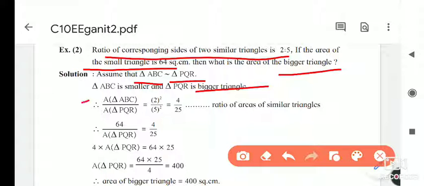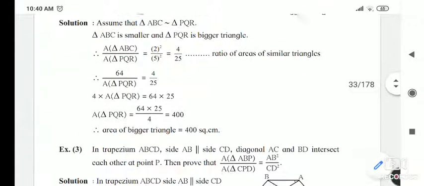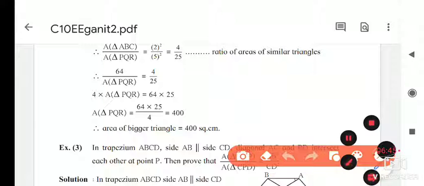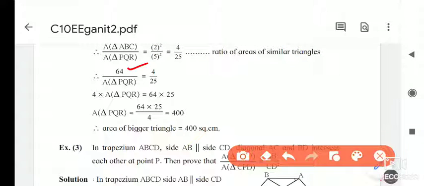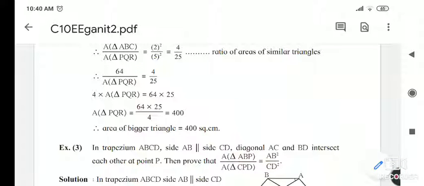So the ratio of their areas is equal to the ratio of squares of their corresponding sides. Here the given ratio is 2 square upon 5 square, which is 4/25. The area of the smaller triangle is given as 64, and when you solve this mathematical operation you will get the answer: area of ABC is equal to 400 square centimeter. In that way you have to solve this question.